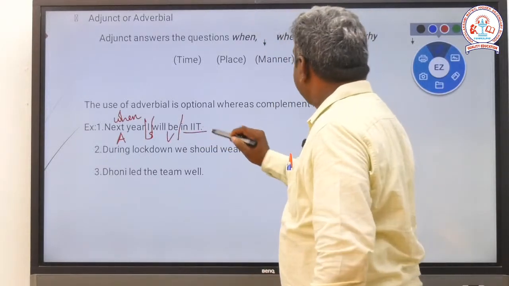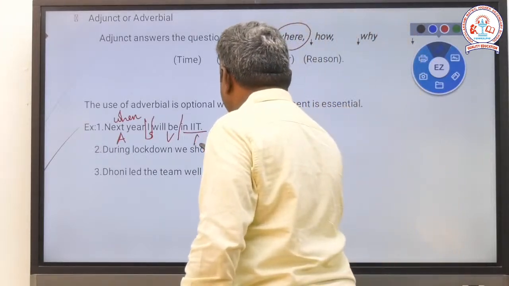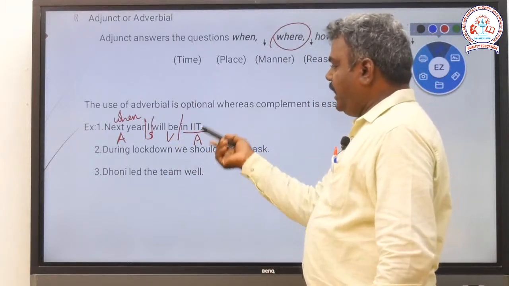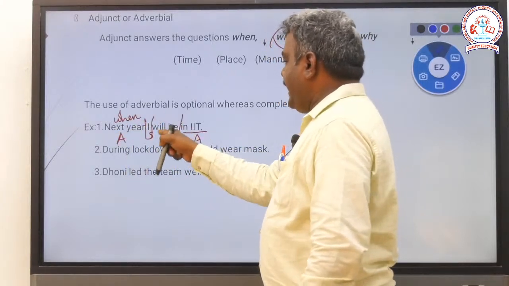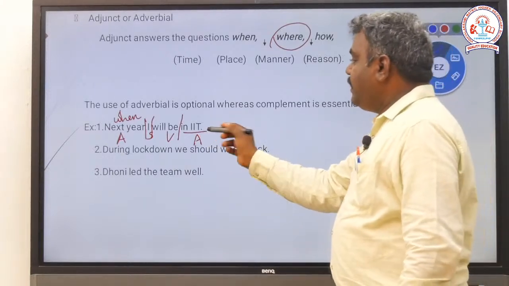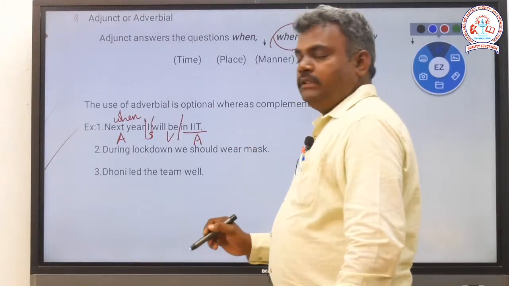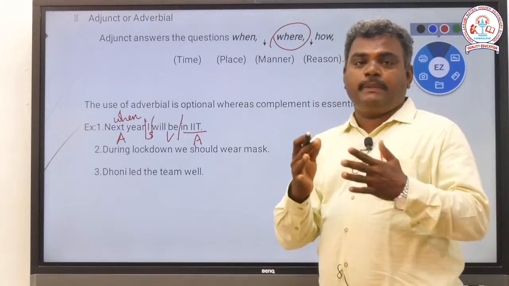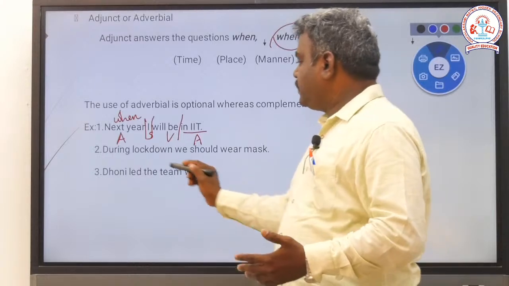In IIT, I told you, where. So this is A. Next year, I will be in IIT. Next year indicates the time. So we put A, and I subject, verb will be, in IIT adjunct because where will I be? Next year, I will be in IIT. I think the people who are preparing for the JEE examinations, you must prepare well and score high marks and get a seat in IIT.